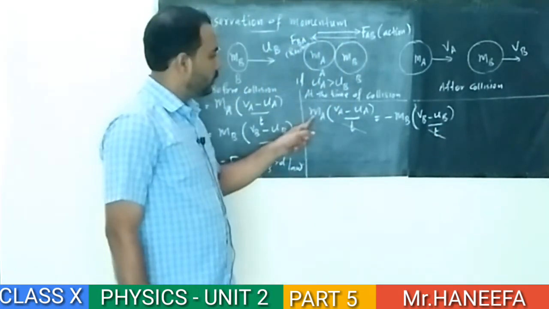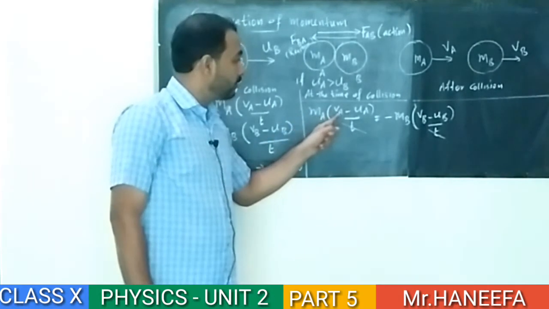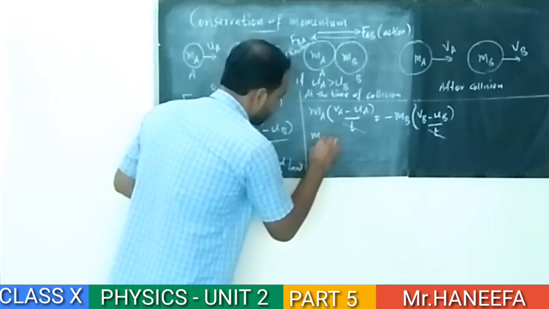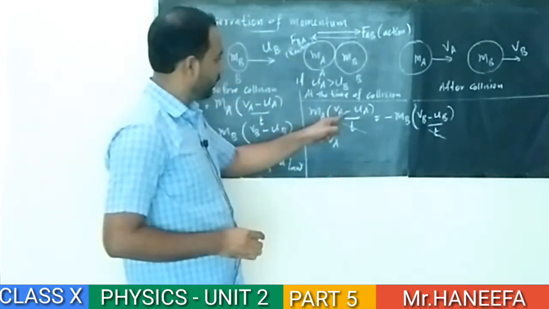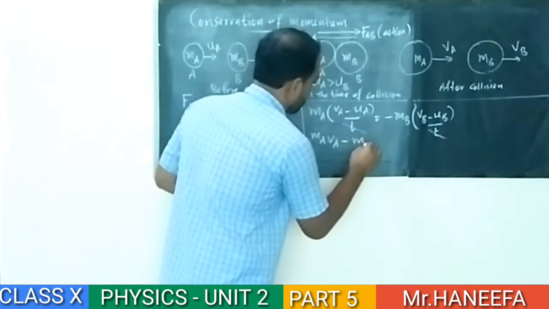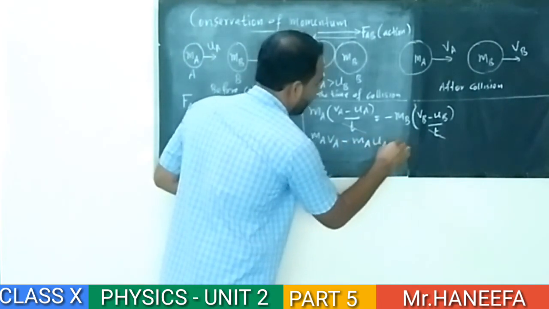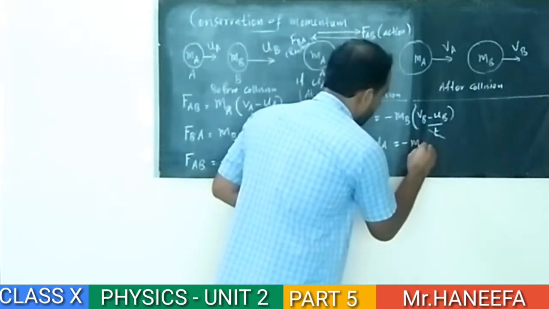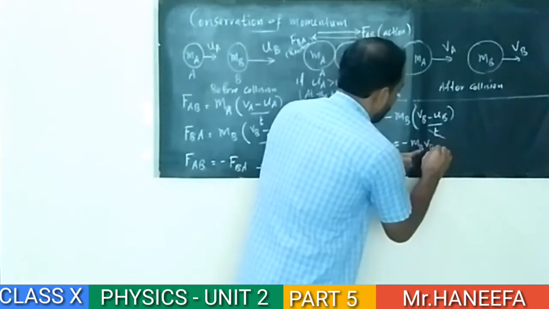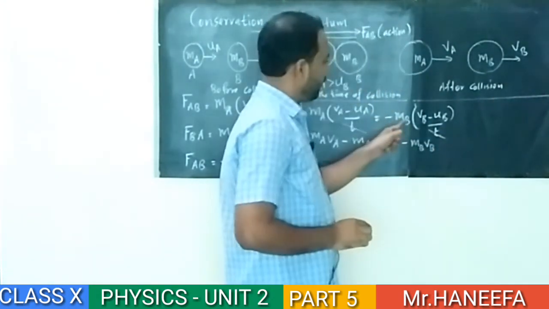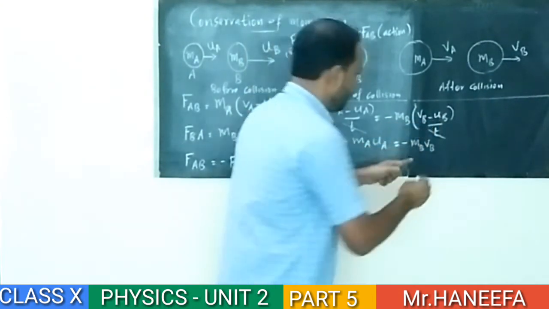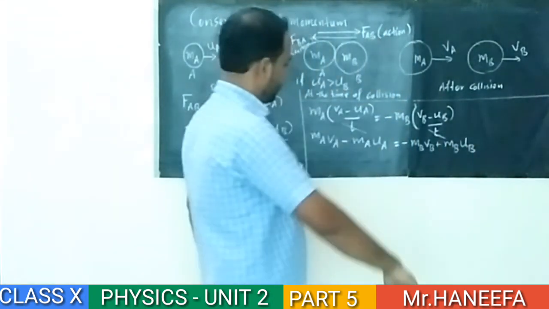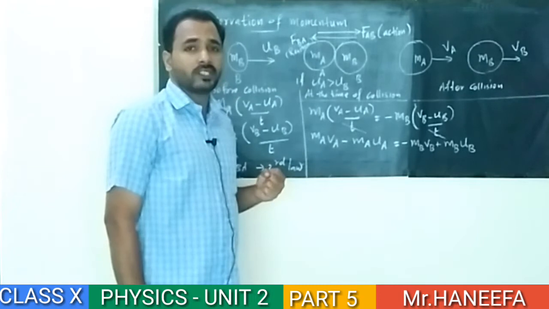Okay, then in this equation, ma is multiplied with Va and minus Ua. So ma Va minus ma Ua equal to minus mb Vb, then minus mb into minus Ub, plus mb Ub. Then we can arrange this equation in an order.